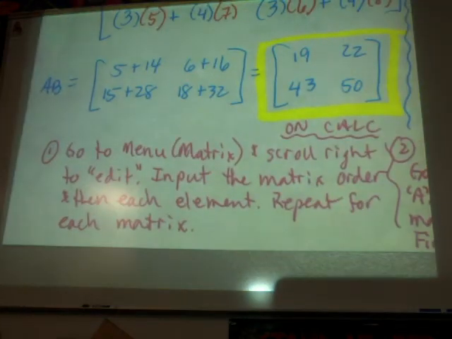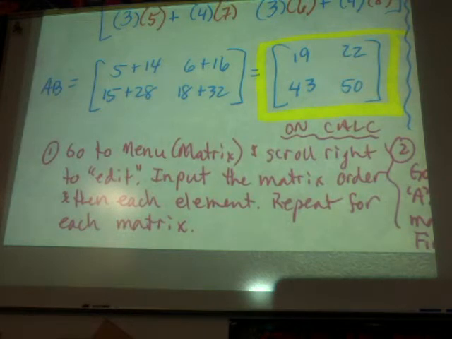So this is the first set of directions. This is on your calc. You need to go to your menu and find matrix. Where might that be?